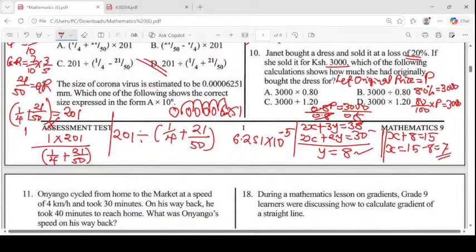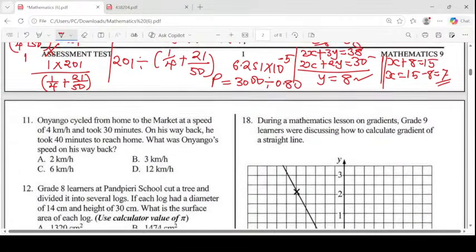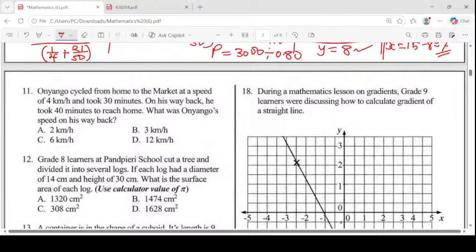So the original price of the dress can be obtained by taking 3,000 divided by 0.8, which is now choice B for boy. I hope you've understood what I've done in that particular step.